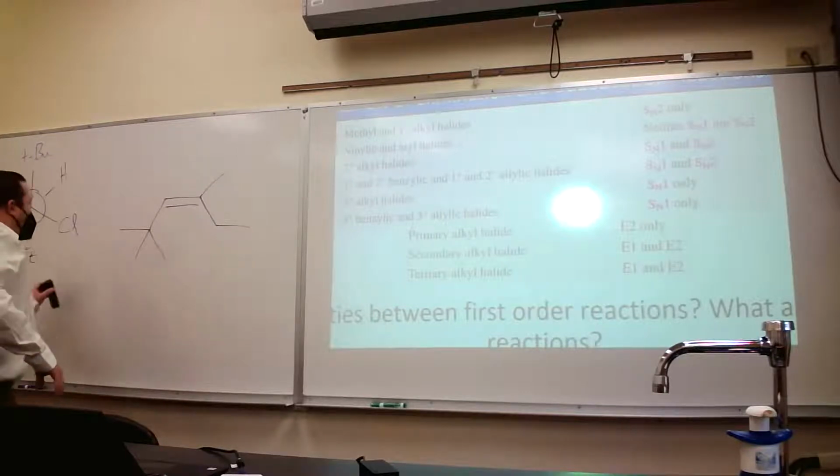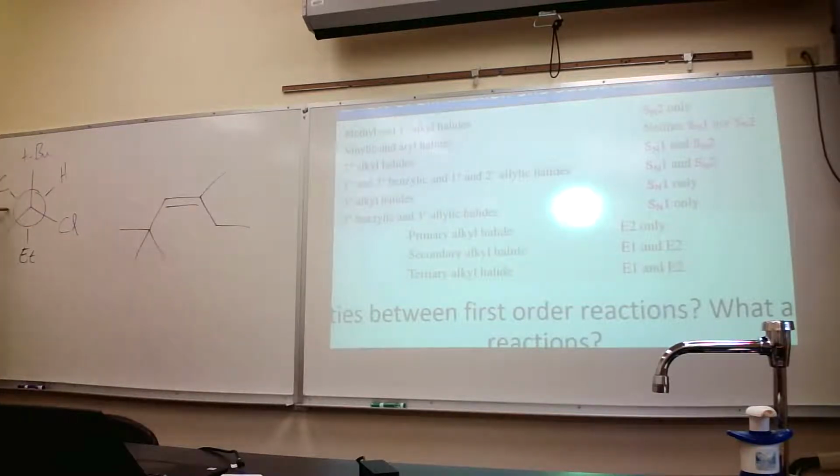If you think about what these structures look like, let's just clean this up. If we think about this molecule trying to go through an SN2 reaction, if we have a nucleophile coming in here and trying to attach opposite from the chlorine and the chlorine leaving at the same time, this hydrogen is still on a secondary carbon, but the hydrogen is physically not as close to the center of the molecule.